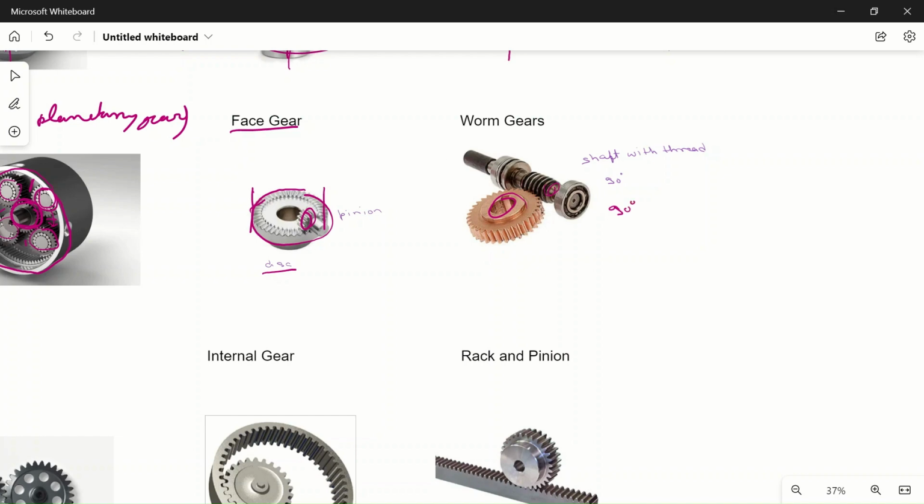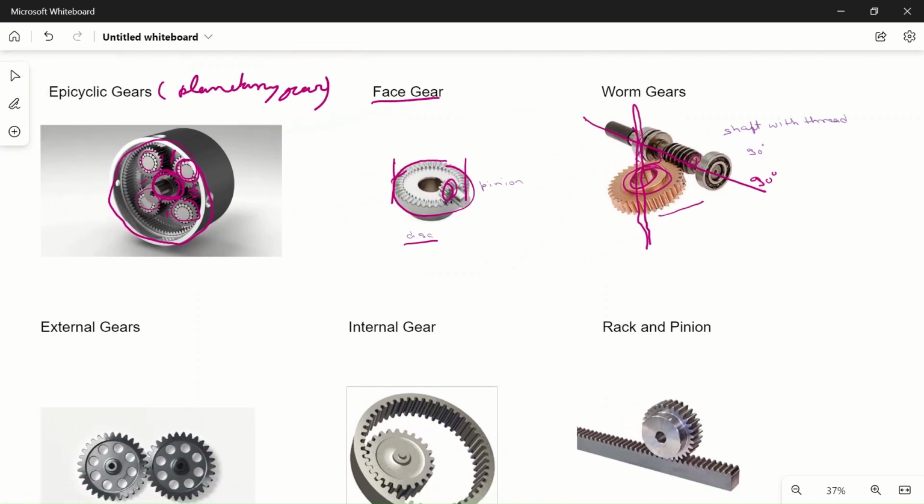See, this is the direction of the shaft here, and the gear will go in this direction. So this angle is 90 degrees, and one gear is there, a tooth wheel, and the other gear is formed on the shaft itself. Okay, and this is a very old type of gearing design.